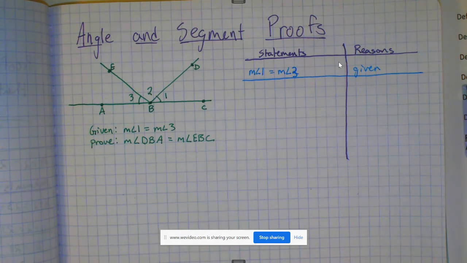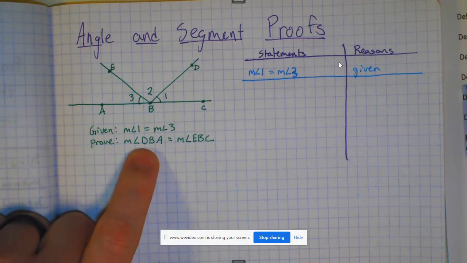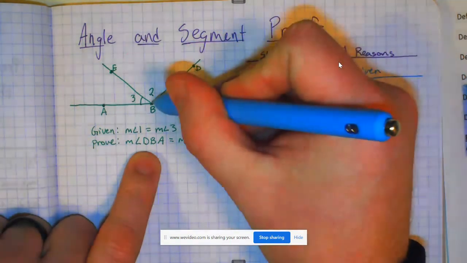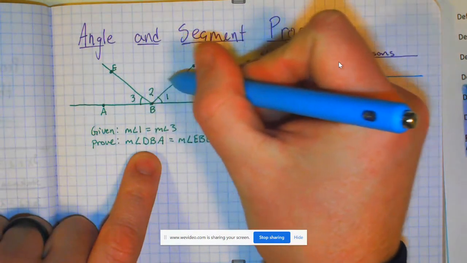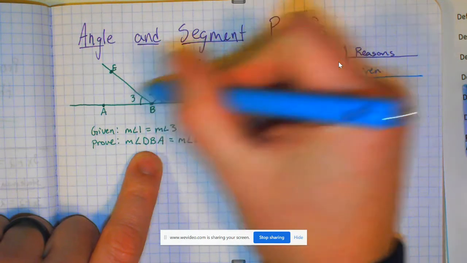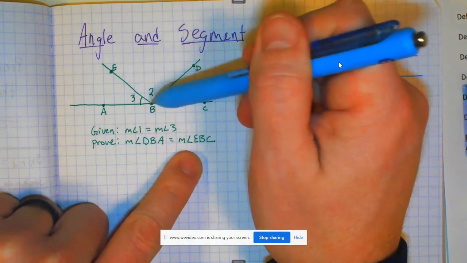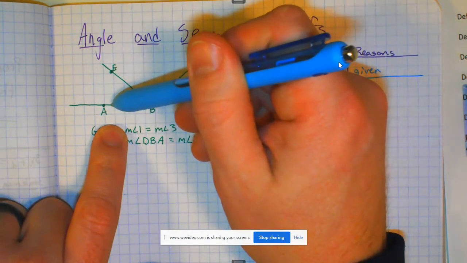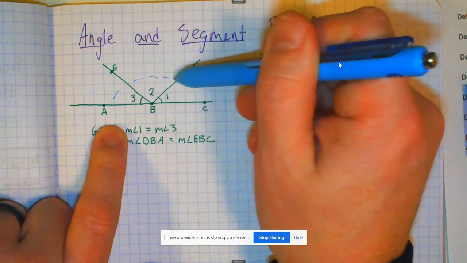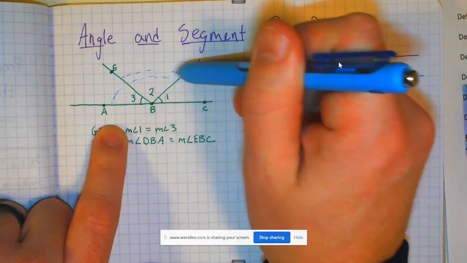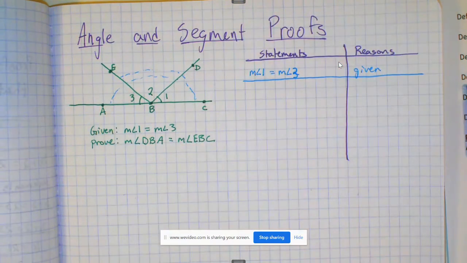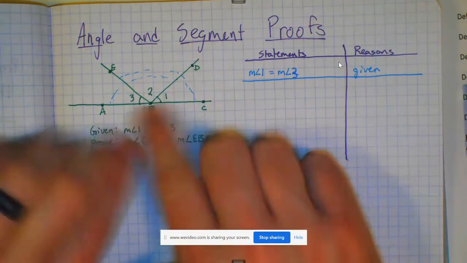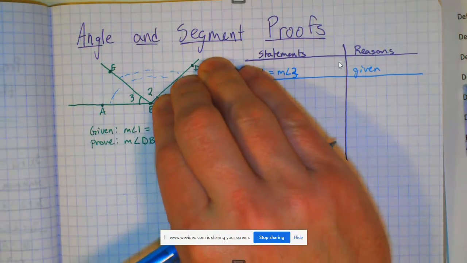Now, if we look here at what we're trying to prove, that angle DBA, this big angle right here, is congruent to EBC, this big angle over here. Well, if we think about angle DBA, how can I create that angle?